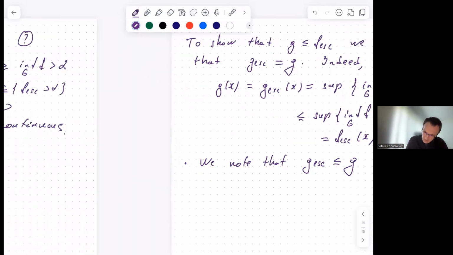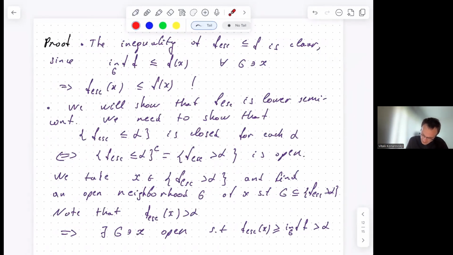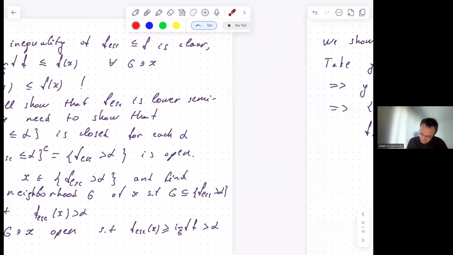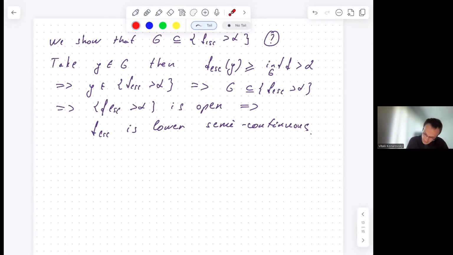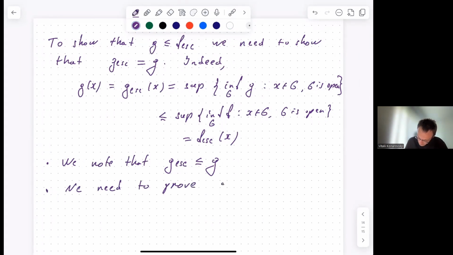We proved that for the function f, but now we have the function g, so you also have the same inequality. Then we need to prove the inverse inequality. That is what we want to prove.